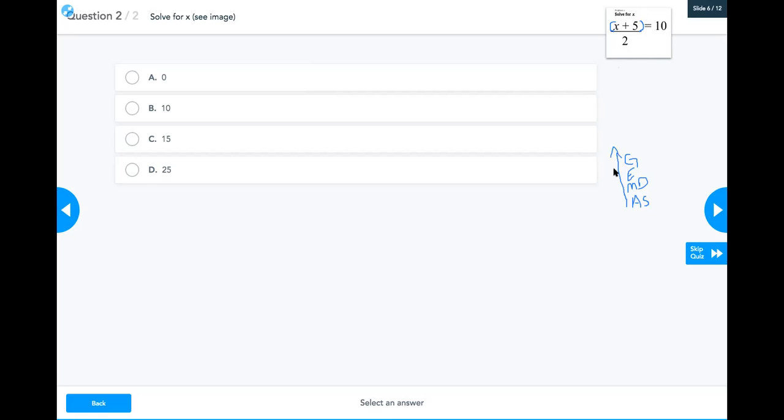Okay. So if I'm doing the group last, what do I want to start with? Addition and subtraction? Yeah, but can we do that right now or no? No. Okay, so what's next? Multiply and divide. So I want to multiply.